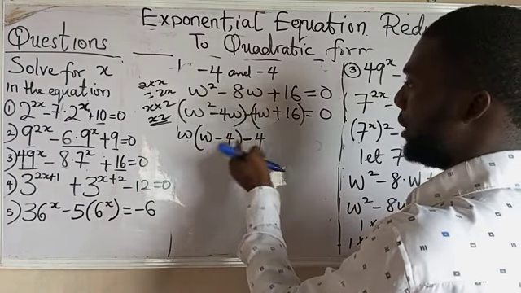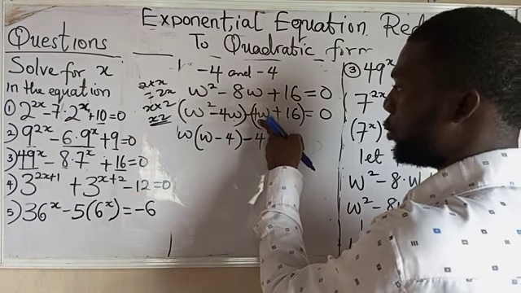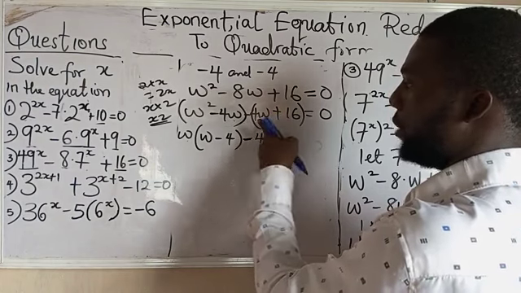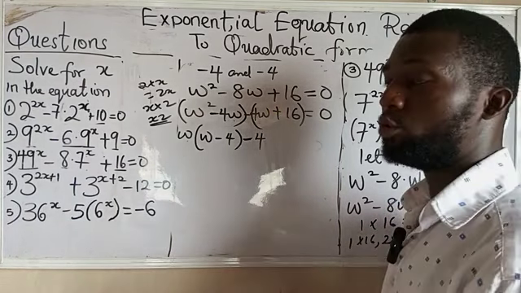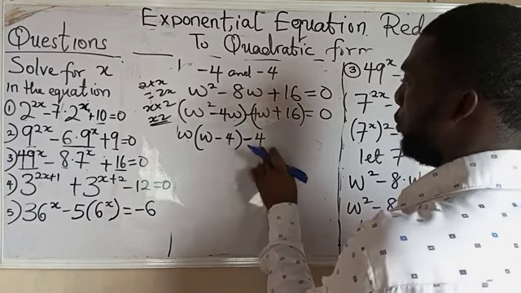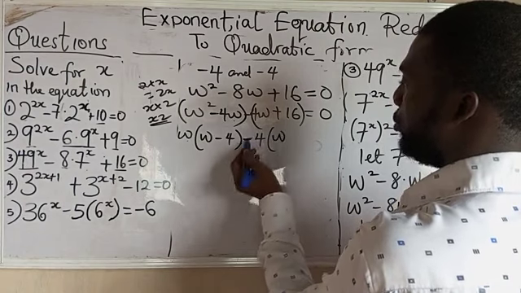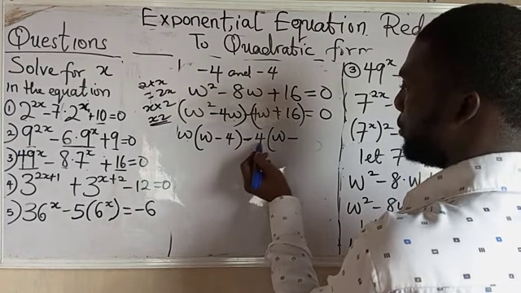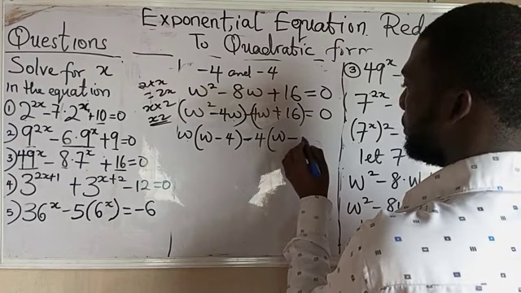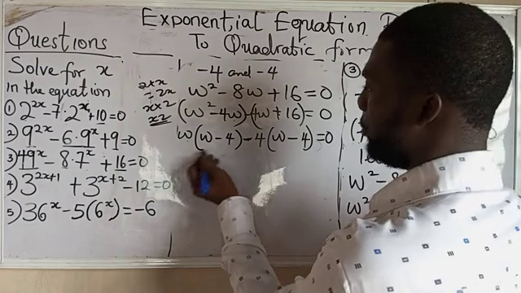Because I know that 2 is also a factor of 4, and 2 is also a factor of 16, but 2 is not the highest, so we have to select the highest common factor, which is 4. So then I'll have w, minus divided by plus is minus, let's not forget that. Then 4 divided by 16 is also 4, equals 0. So we have w minus 4.